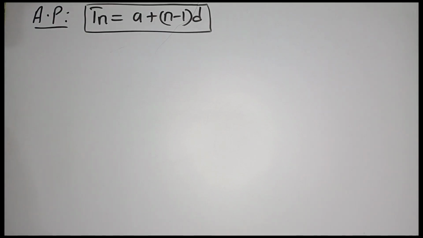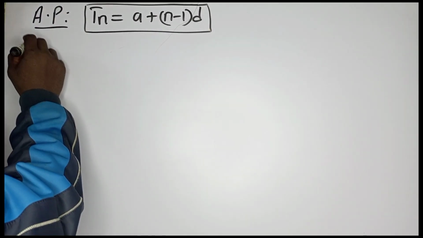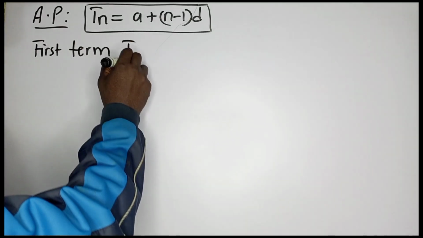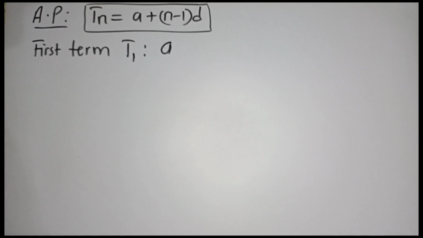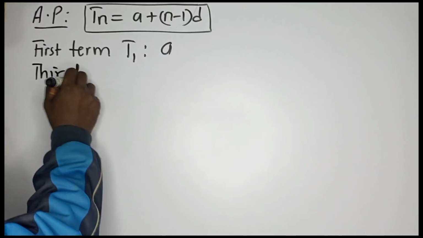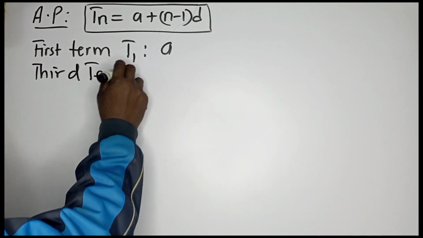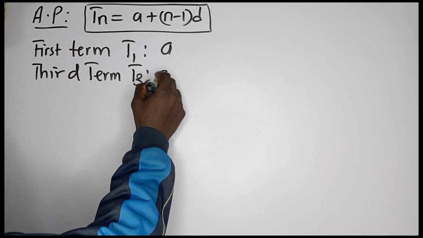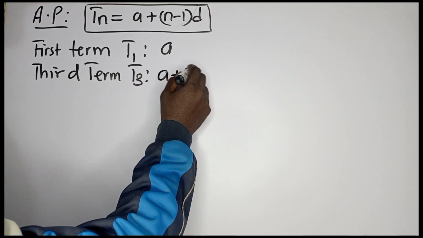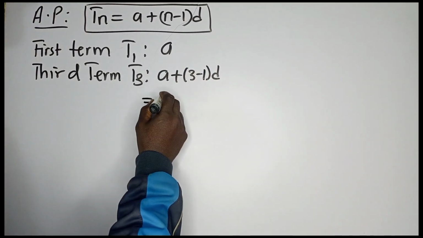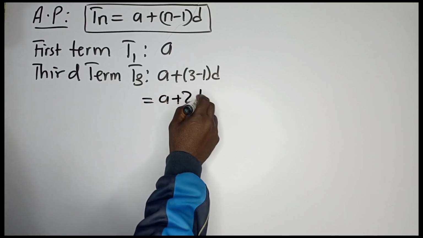Now, we are told about the first term, T1. We have already taken it to be A. The third term, T3, means n becomes 3 there. So it will be A, our first term, plus (3 minus 1) multiplied by our common difference D. This will be A plus 2D.